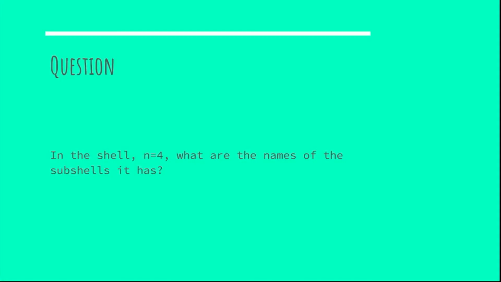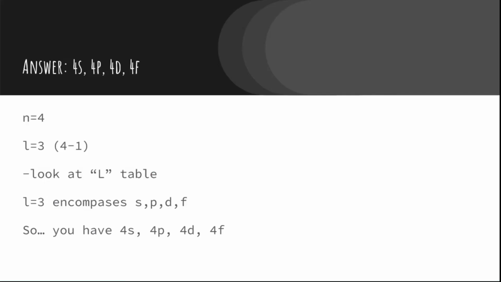So, our first question. In the shell n equals 4, what are the names of the subshells it has? Ready? The answer is actually 4 possibilities: 4s, 4p, 4d, and 4f.